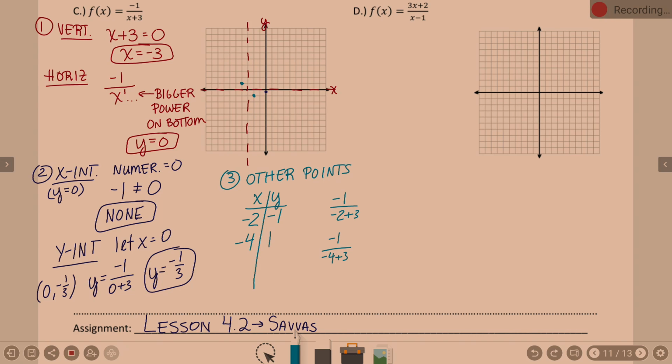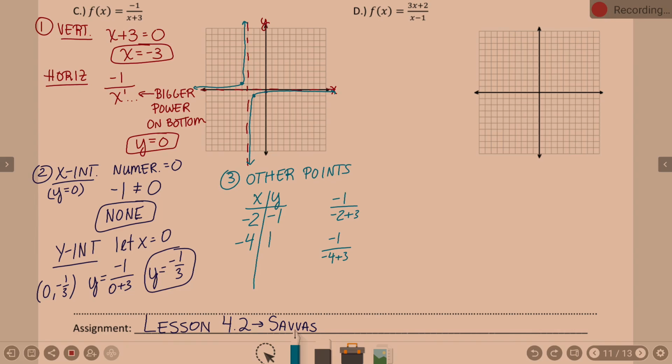It's going to look something like this. It's going to run very close to your asymptotes. As I said, something like that. If you're not feeling confident and you want to, like, okay, -4 gave me a point, you want to plug in -5 or -6, go for it.